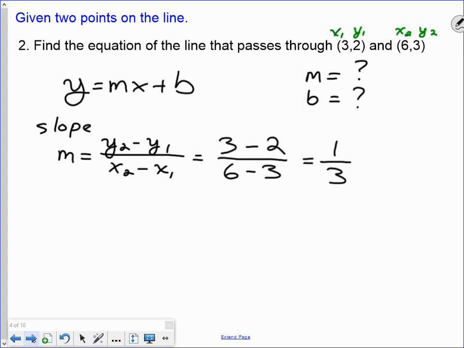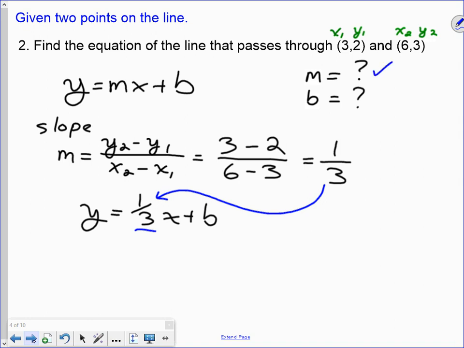So let's take that and put it into our equation. 1/3 x plus b. So I figured out what m is. Okay. Now, how can I figure out b? I can do the same thing that we did in the last example.